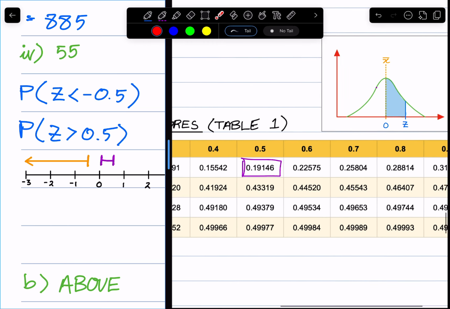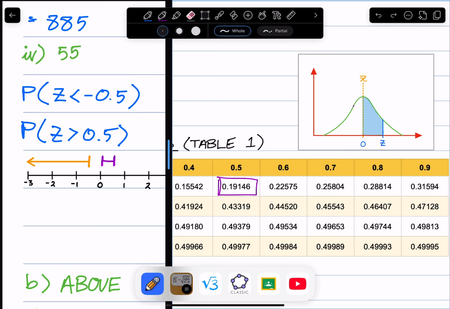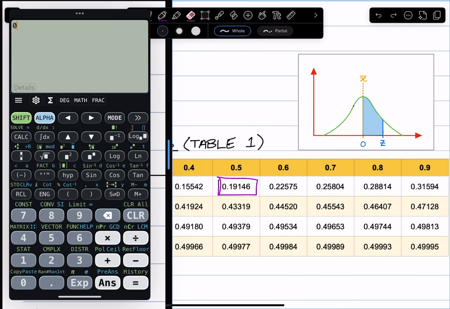Well, since this is from everything below, to find that bit above, we can find that just by taking 50% minus this number here. So I'll demonstrate that here. 50% minus 19.146.